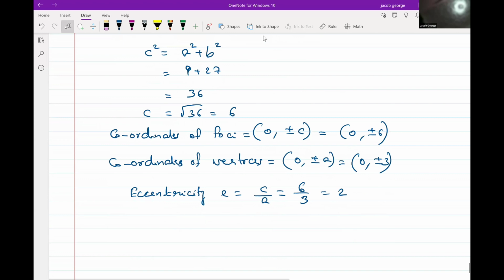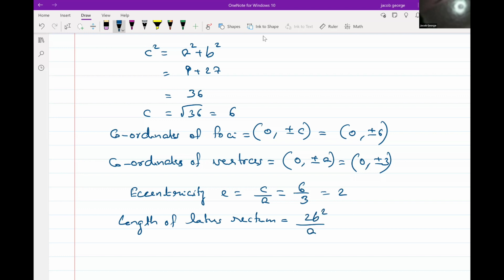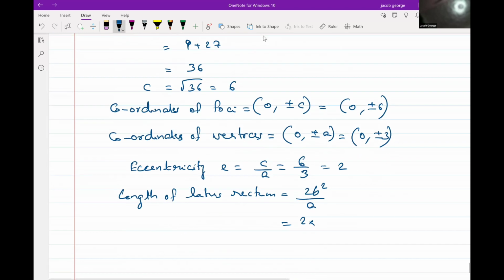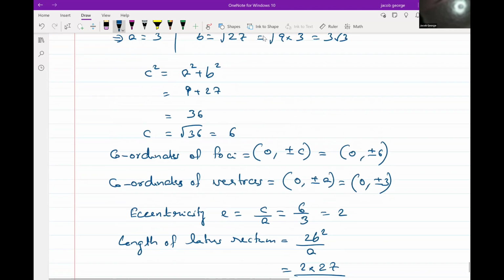Finally, length of latus rectum. Length of latus rectum is 2b square by a. 2b square by a, that comes 2 into b square, b square is 27, by a. What about a? a is 3.